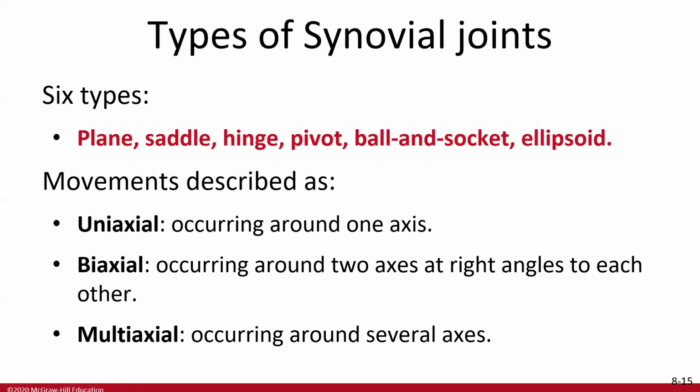That really just tells us how many different axes this joint can move around. I don't necessarily need you to memorize which ones go with which. Just understand that a biaxial joint is likely going to move a little more than a uniaxial joint. And our multiaxial, we'll see one or two examples of this, can move in a lot of different directions.